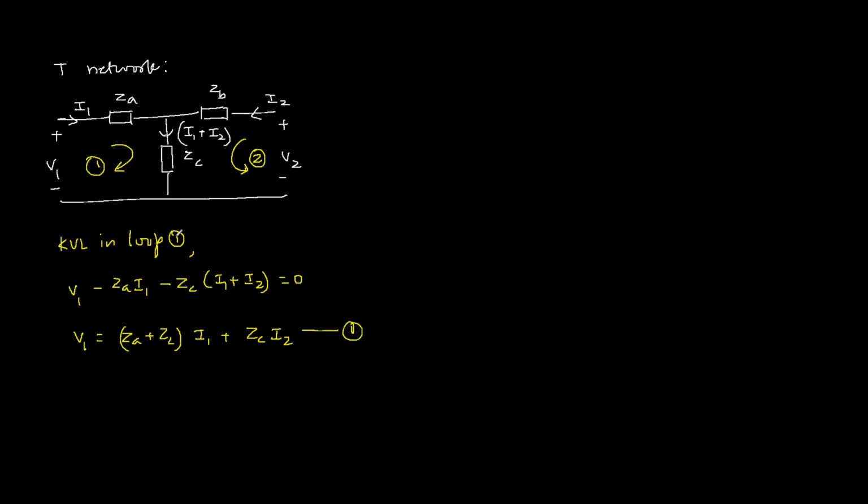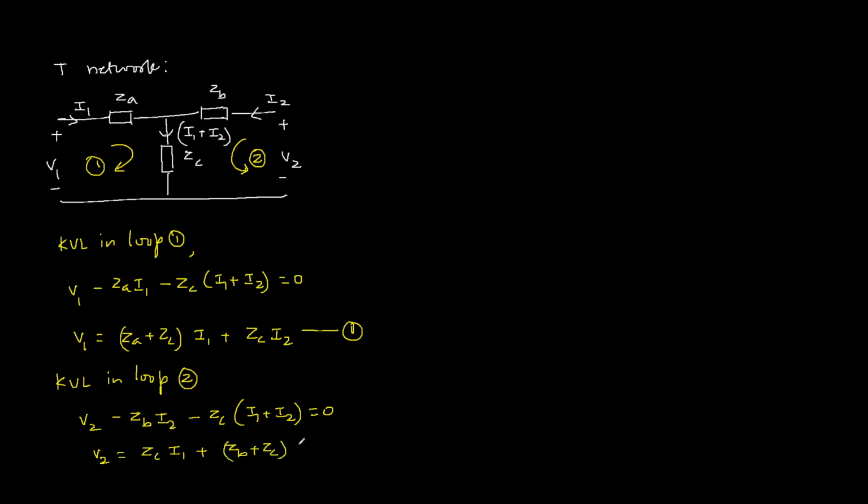This is the first equation. Now KVL in loop 2: rise in voltage V2, then drop across ZB, which is ZB I2, and then drop across ZC, which is ZC (I1 plus I2). So this equation is V2 equals ZC I1 plus (ZB plus ZC) I2. This is the second equation.